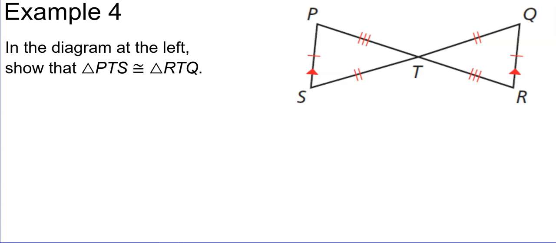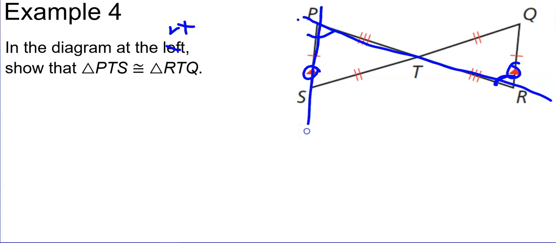All right. Example 4. In the diagram at the left, also known as the right, show that triangle PTS is congruent to triangle RTQ. Notice we have parallel lines, which makes PR a transversal. So that makes this angle and this angle alternate interior angles between the two parallel lines.